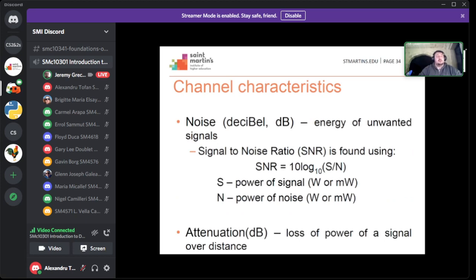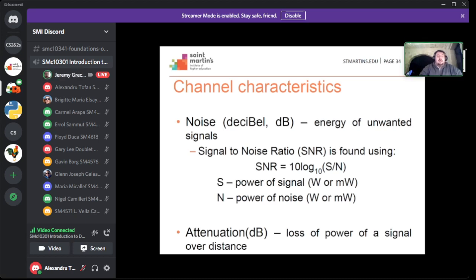Noise, in turn, is usually measured in terms of decibels or dB. It is measured in decibels because we are literally measuring the energy of the unwanted signals on our channel.